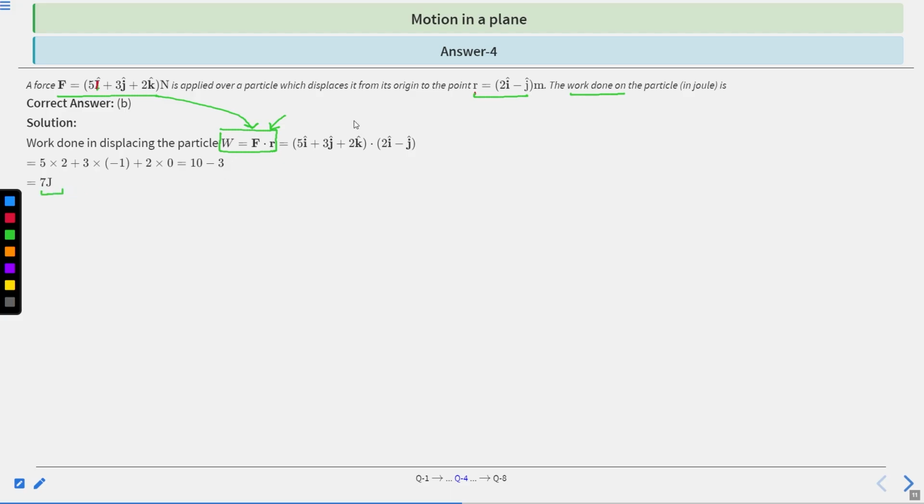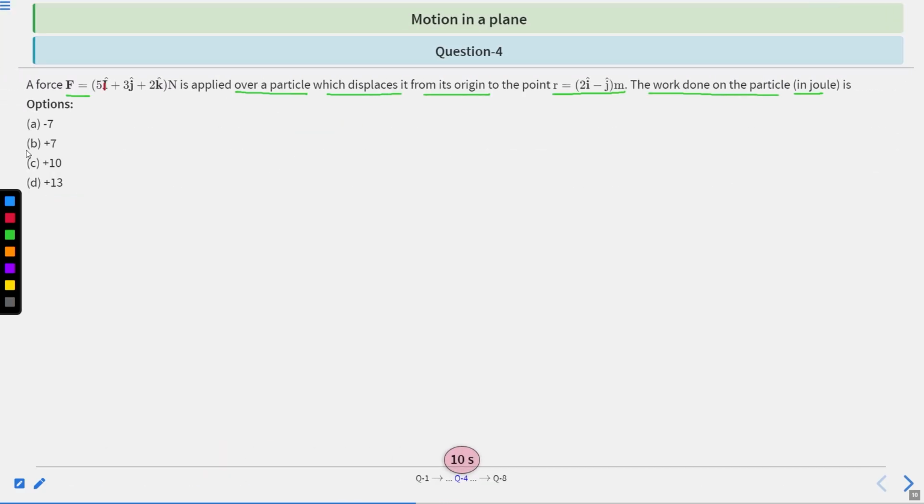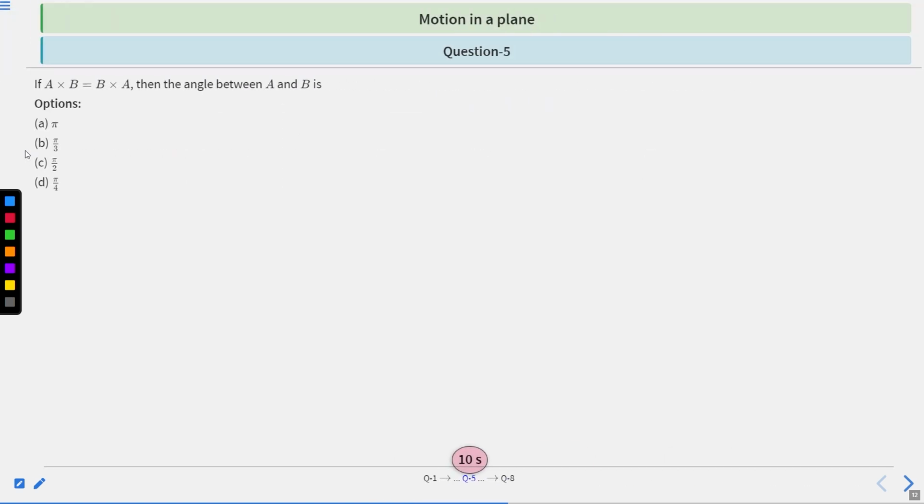Multiply 5 into 2, 3 into minus 1. The answer is 7 joule. So the correct answer is B, 7 joule. Next question.